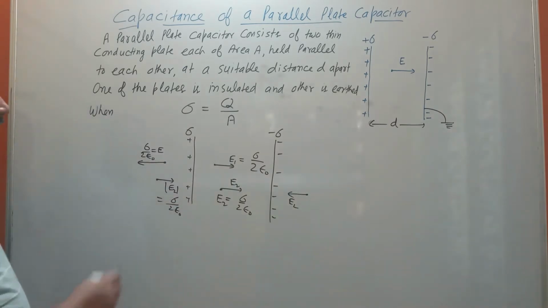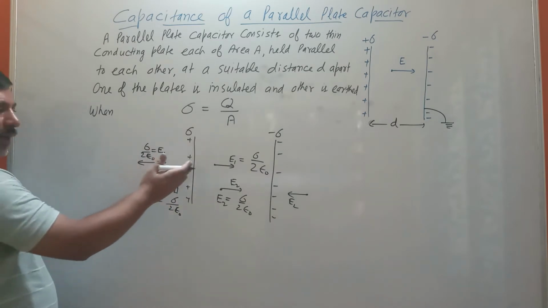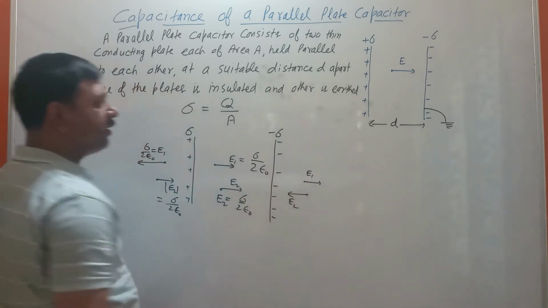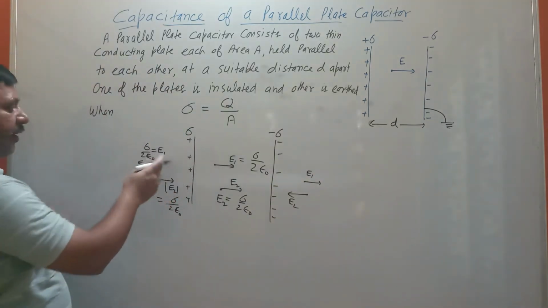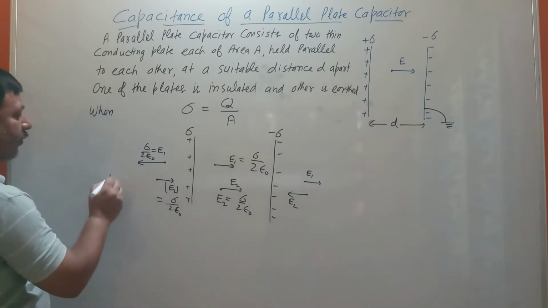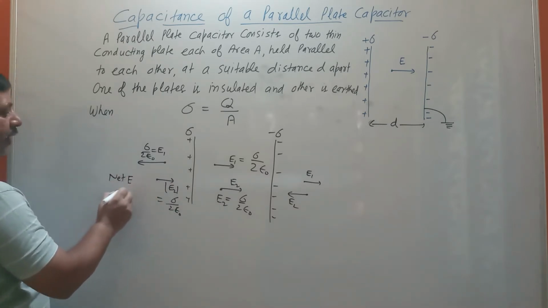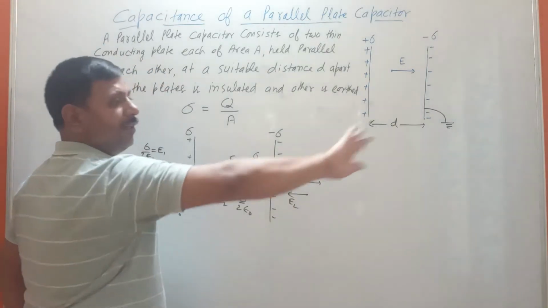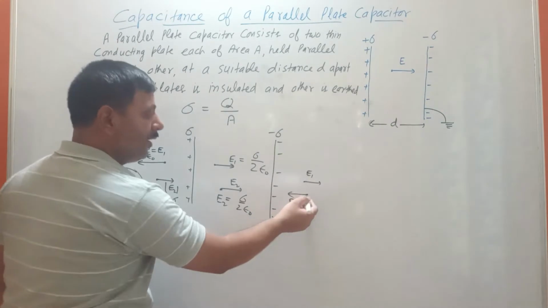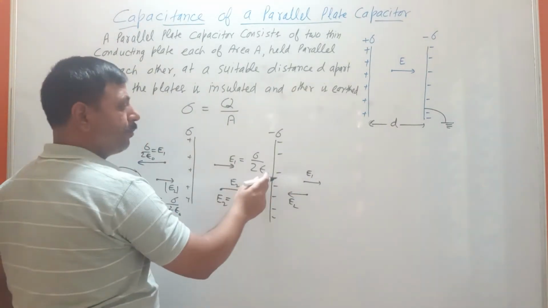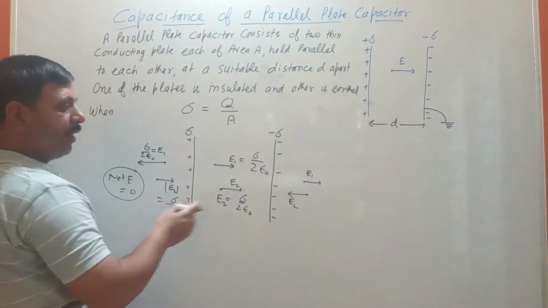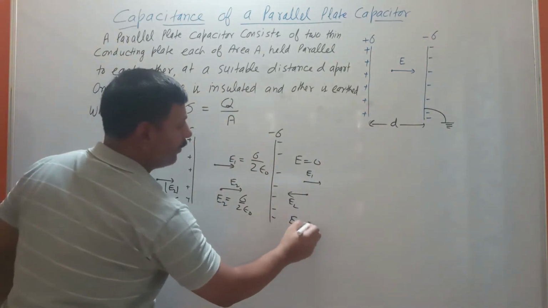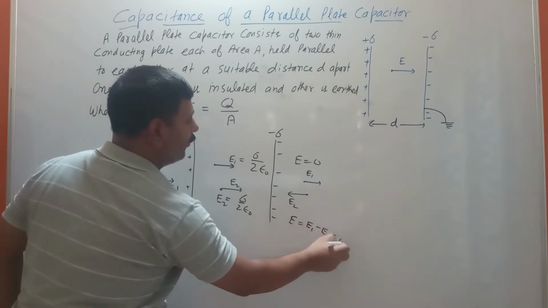If we see E1 and E2 outside the plates, they are in opposite directions, so the net field is 0. Same way on the other side: for the positive charge it points right, for the negative charge left, equal and opposite, so E equals E1 minus E2, which is also 0.